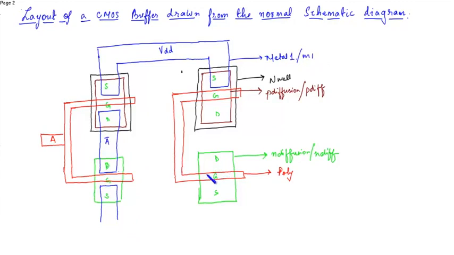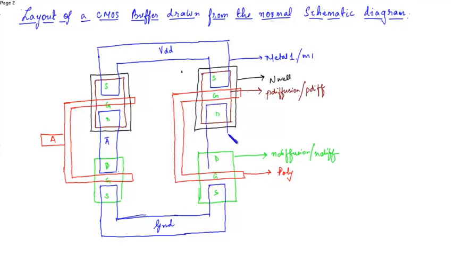Similarly with the ground, source of the NMOS is connected to ground. Now the drain of the PMOS is connected with the drain of the NMOS, and this is the final output Y.